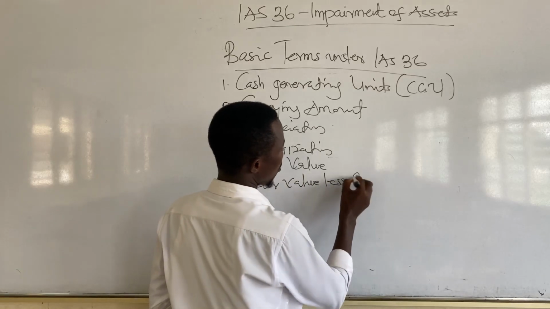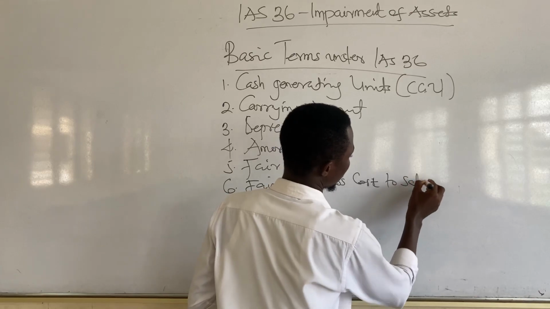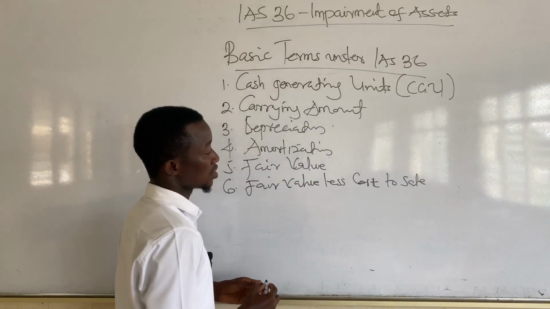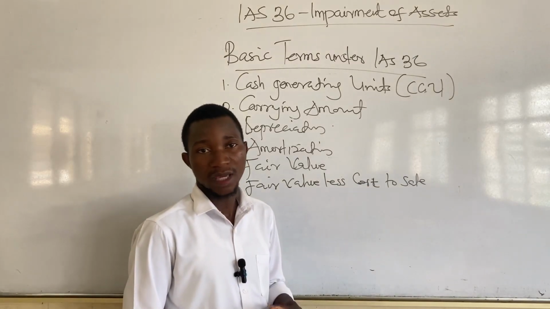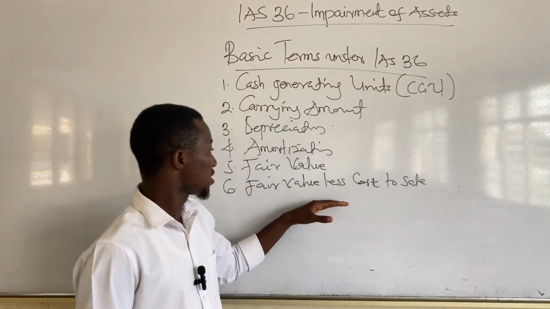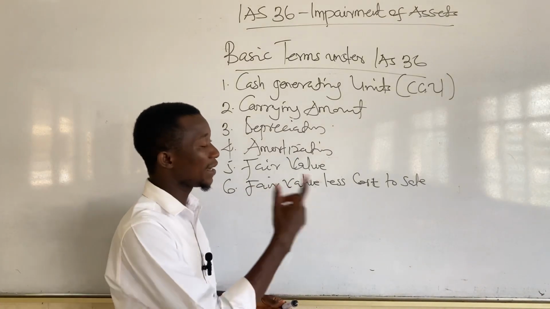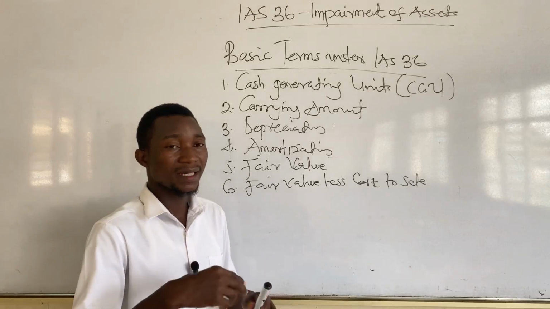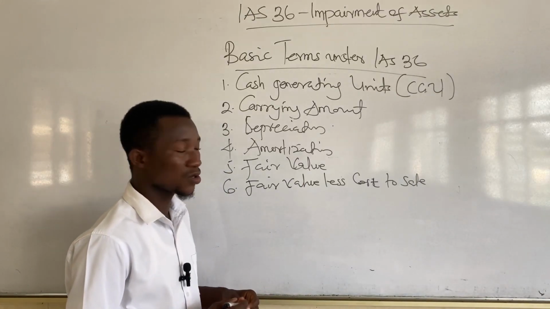So after knowing fair value, there is something we call fair value less cost to sell, or fair value less cost of disposal. This simply means the fair value of the asset after taking out the cost you incurred in selling the asset is what we call fair value less cost to sell.